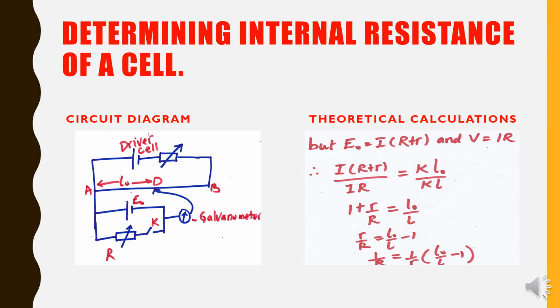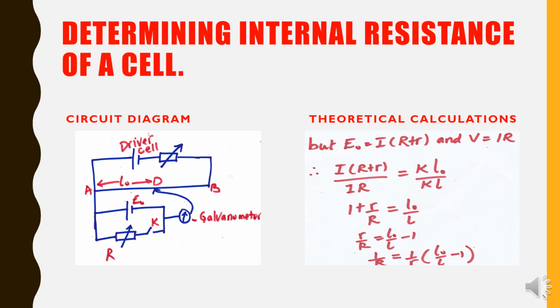So we will get an equation E naught equal to KL naught. Then close the switch when the resistance is set at the minimum value, say resistance of 1 ohm. And then you move the jockey along the wire until a balance point is obtained. So that PD across the resistance is going to be equal to KL.